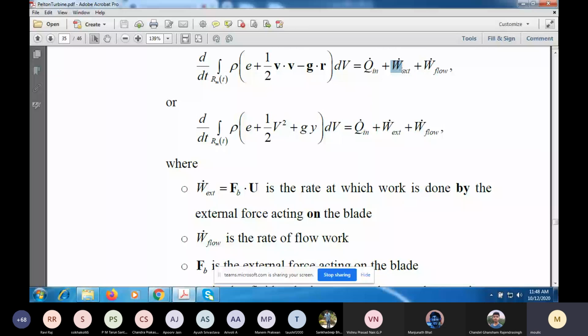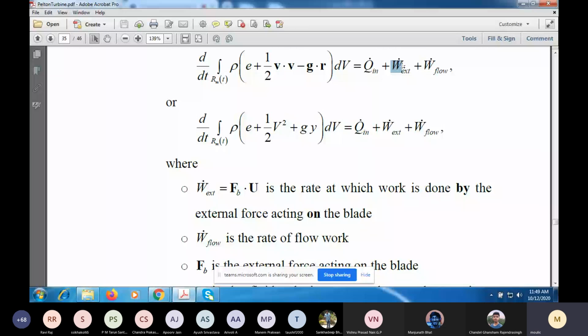So if you make the Galilean transformation and sit on the bucket which is translating, you'll see a force acting, but there is no displacement of the force. So an observer in that frame will not see any work done. So if I replace this V by W, the relative velocity, then this W external will be 0. So this is a subtle point.